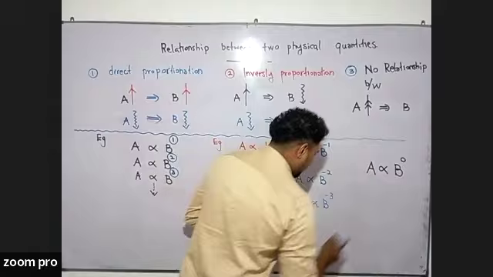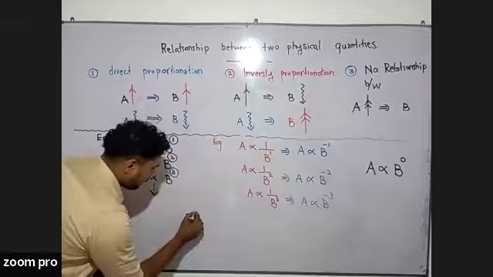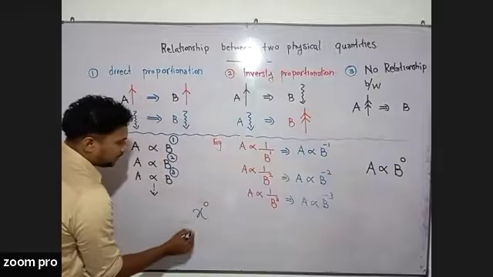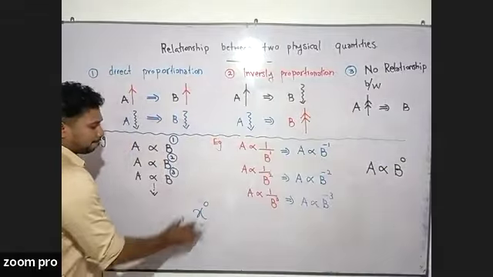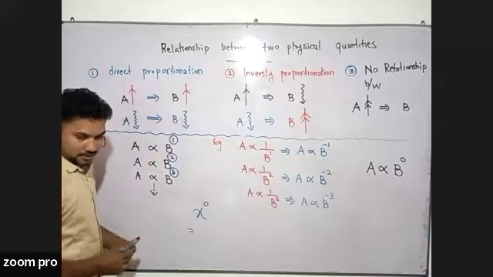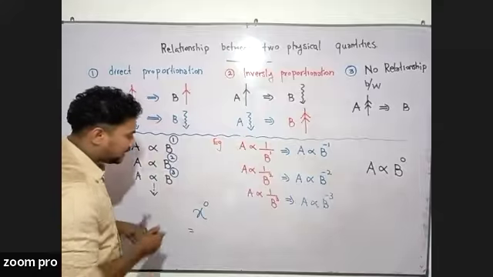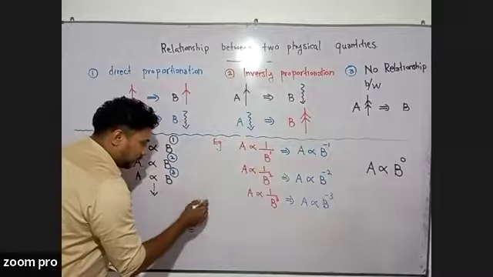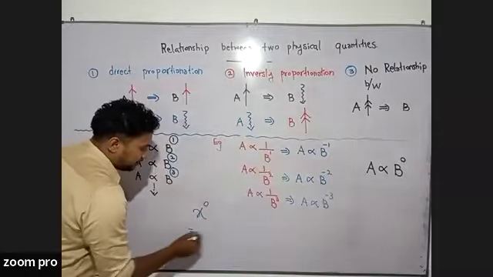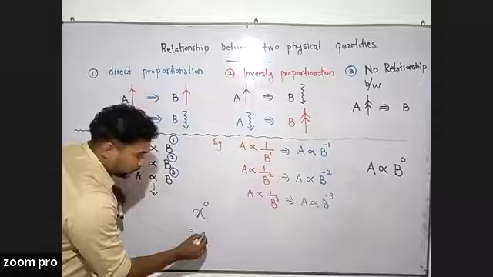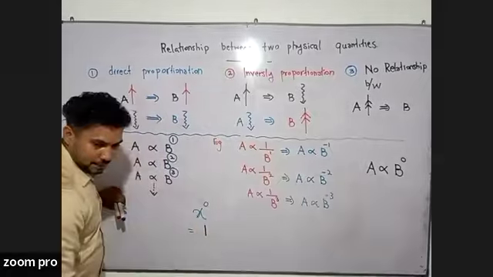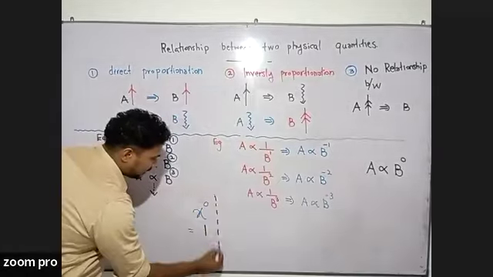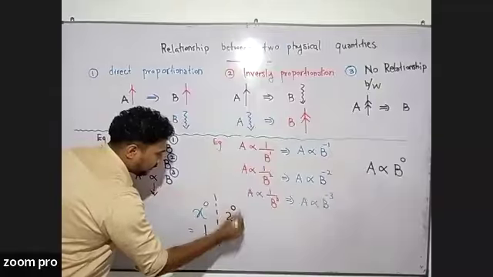Or if I ask this one in this way, what is the value of this expression? If you consider any zero power of a term, it is equal to 1. But keep in mind, let's take another example: 2 to the power of 0.